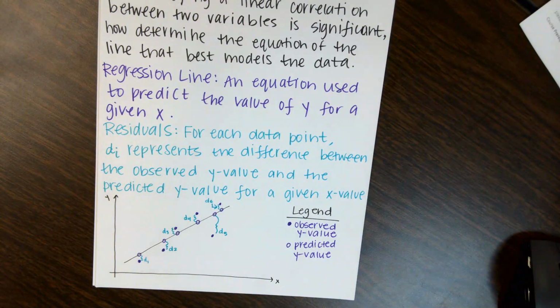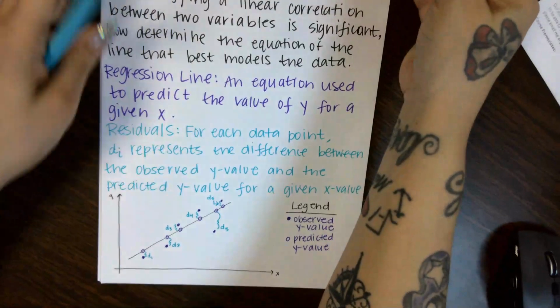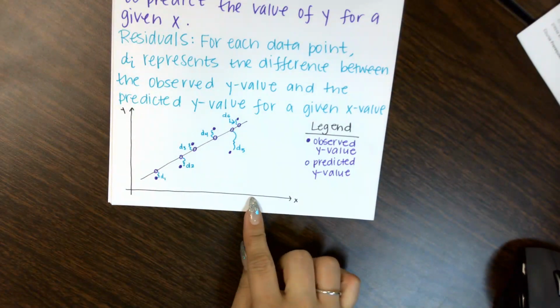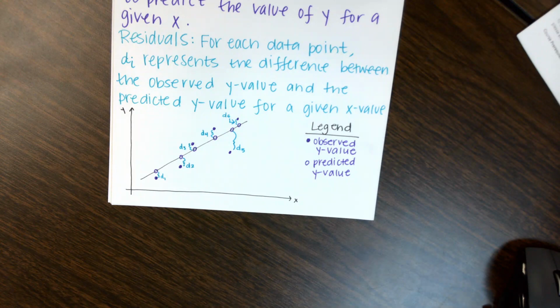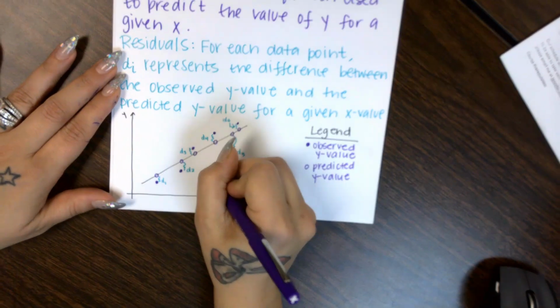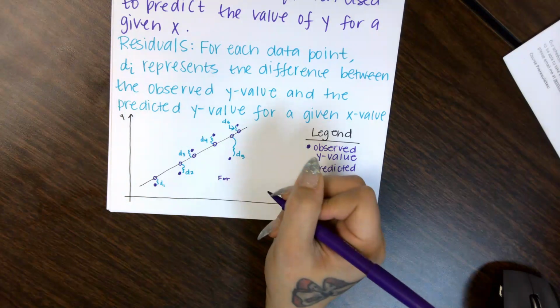Okay, I need to write this. I'm gonna try to show this a little bit better. I want to write something right here. For a given X value, this is how we would calculate those residuals.